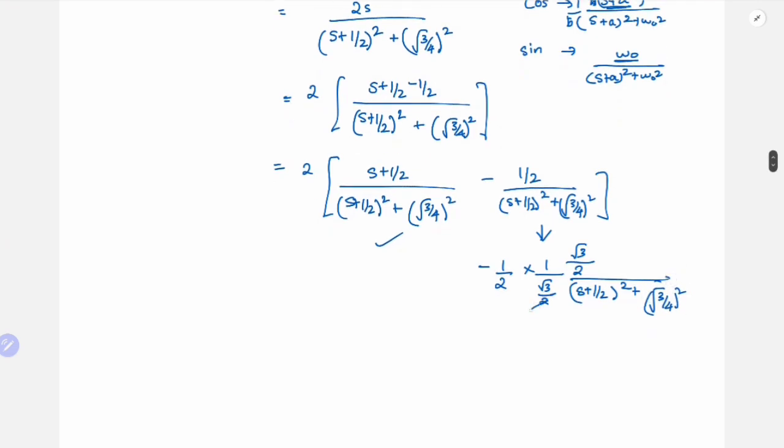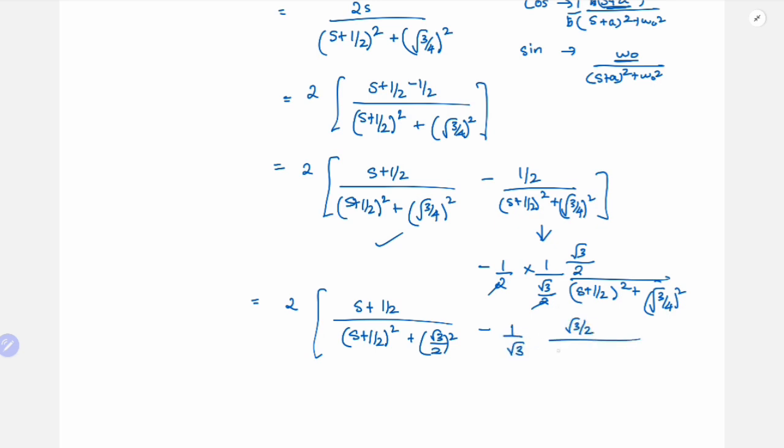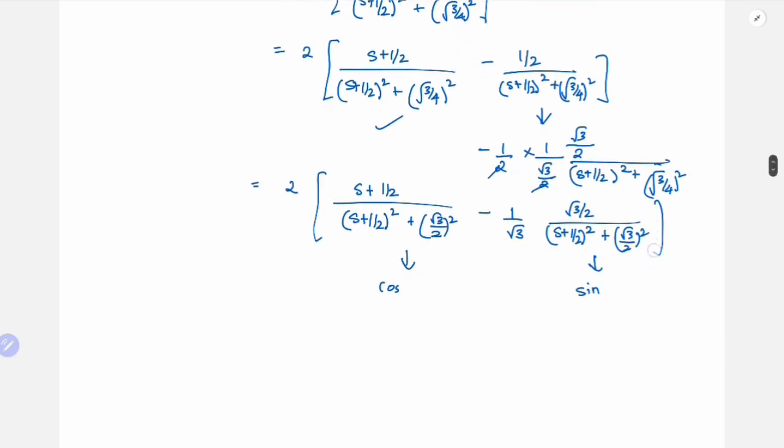Now I can cancel the terms, and this whole thing I can write as s plus half by s plus half whole square plus root 3 by 2 whole square, minus 1 by root 3 by 2 by s plus half whole square plus root 3 by 2 whole square. So this is my cos term, and this is my sine term, and easily I can take the inverse Laplace transform.